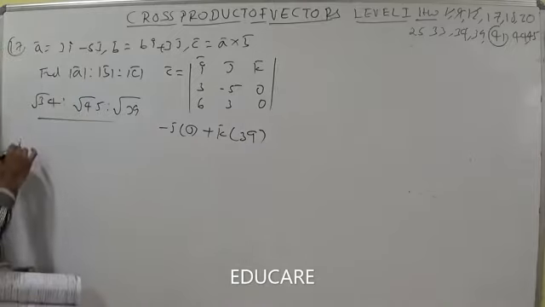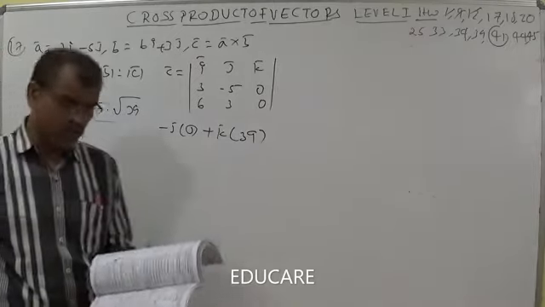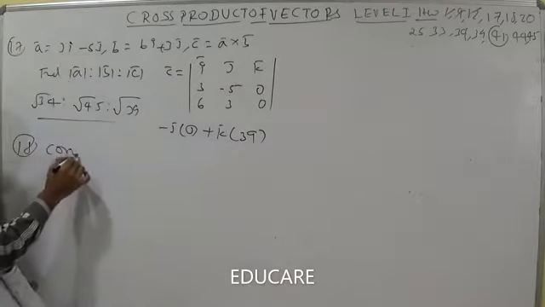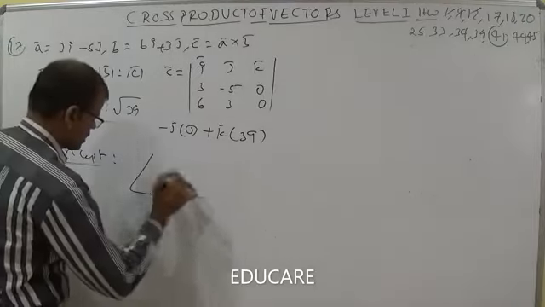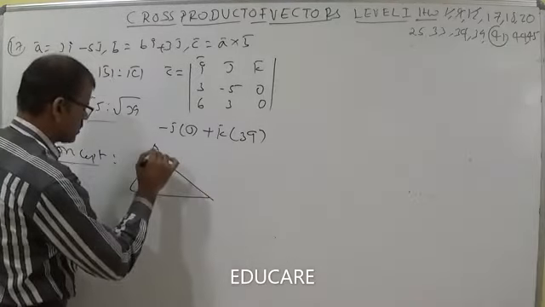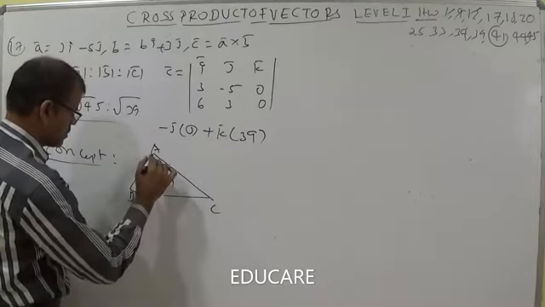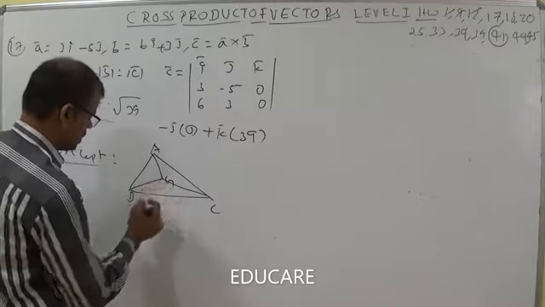18th one. G is the centre of triangle PQR, where here the concept I am writing. The concept in straight lines we discussed: in triangle ABC, this is G, and triangle GAB, triangle GBC, triangle GAC.